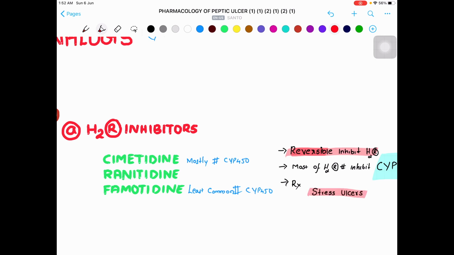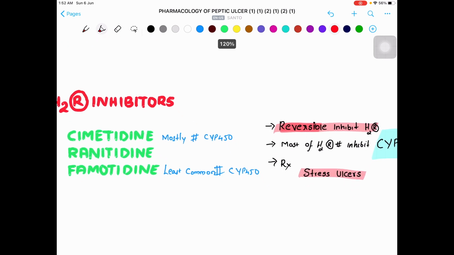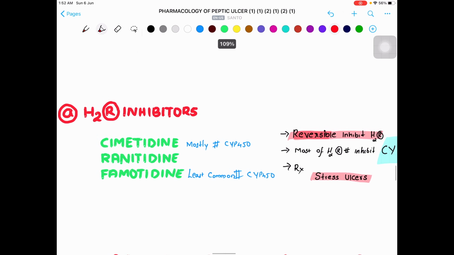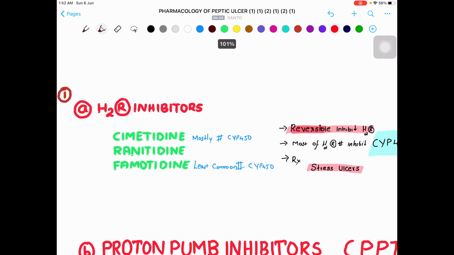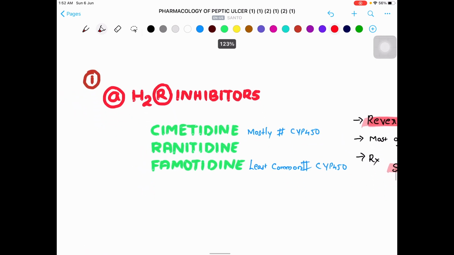Stress ulcers. Okay, let's see the side effects. These are the usual side effects like headaches, myalgia, diarrhea, etc. The main thing to remember about cimetidine is that it has extra side effects, that include gynecomastia, an increase in breast size, and impotence, mainly in men.